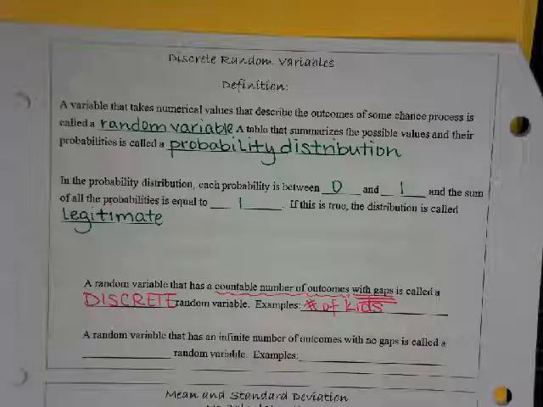And then a random variable that has an infinite number of outcomes with no gaps is called a continuous random variable.